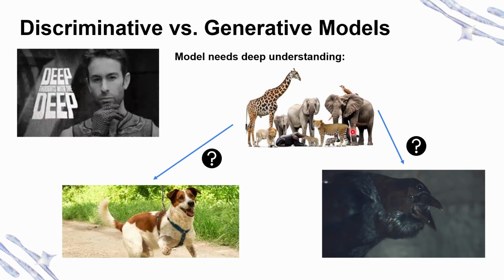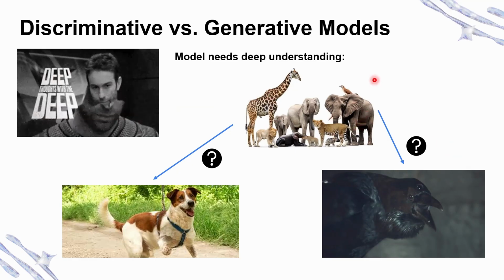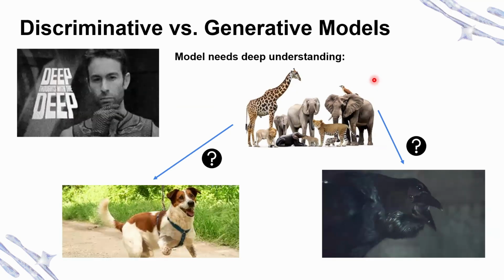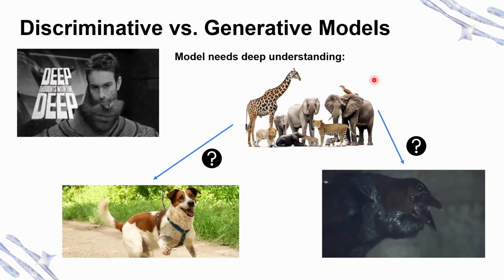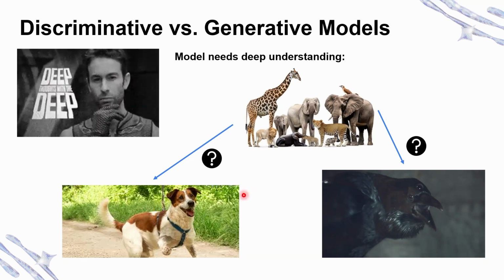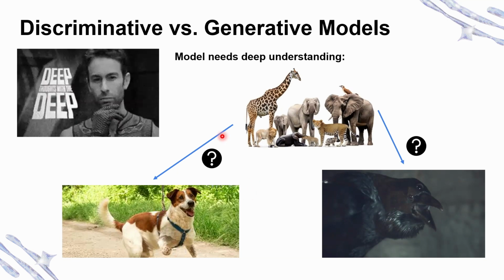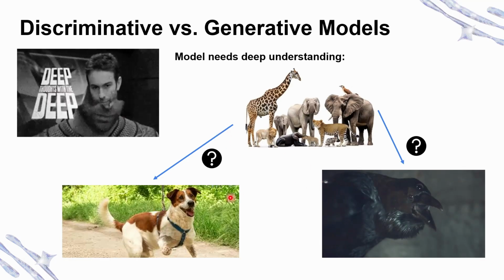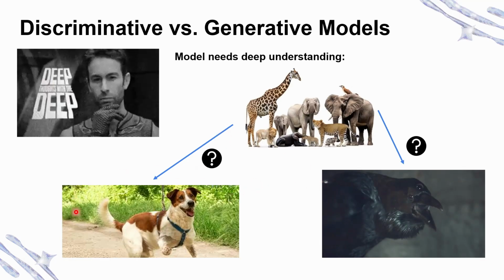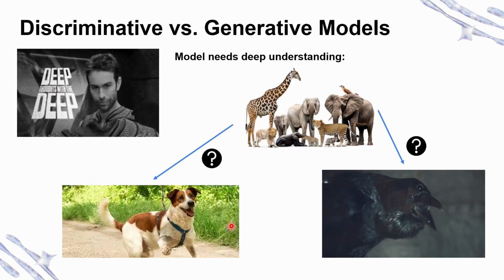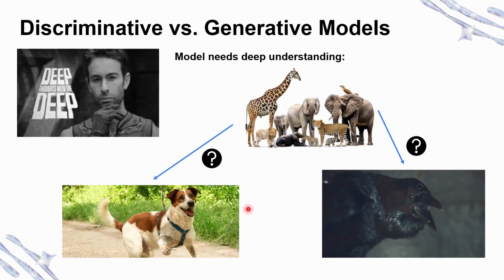Say, for example, we set our context to be all possible animals in a zoo. If we give it two images, a three-legged dog versus a three-eyed raven, the model needs to somehow learn that a three-legged dog is more likely to exist.